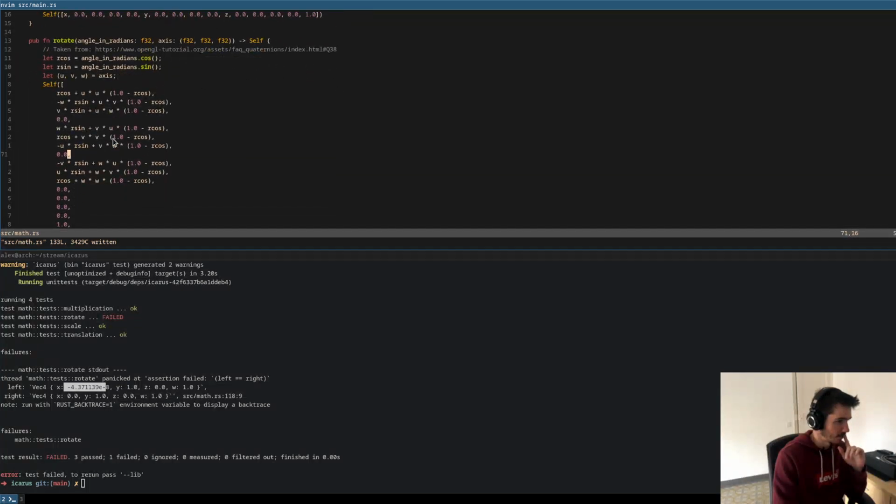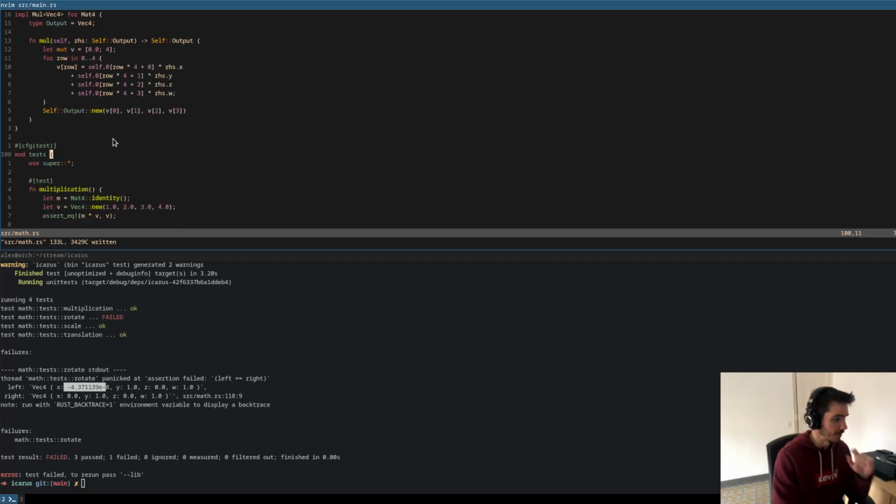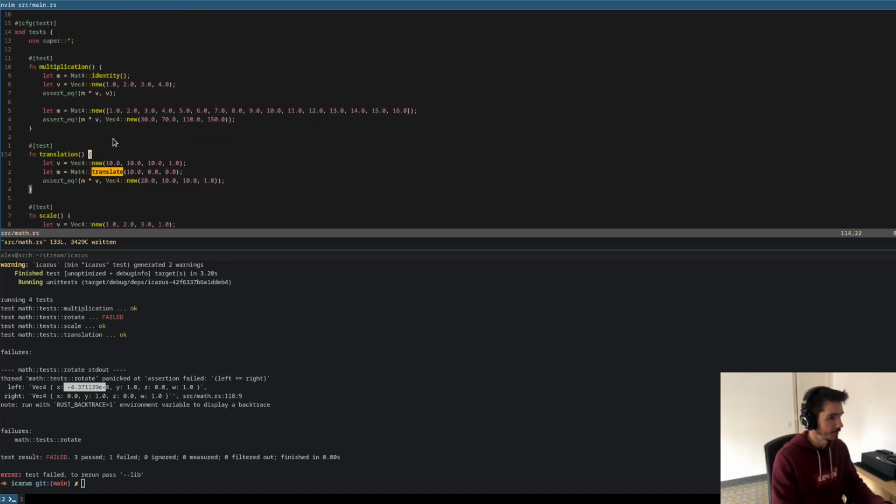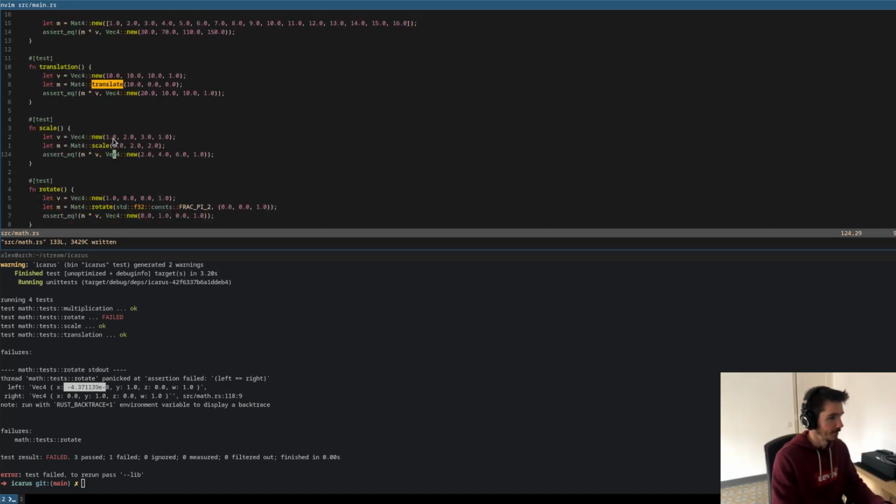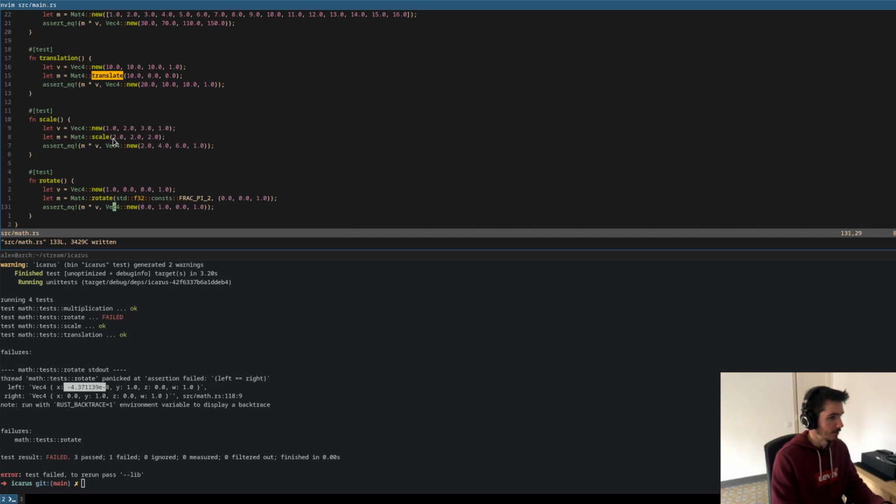So now we can subtract two vectors. And so we can do the actual result minus the expected. Absolute value is less than F32 epsilon.